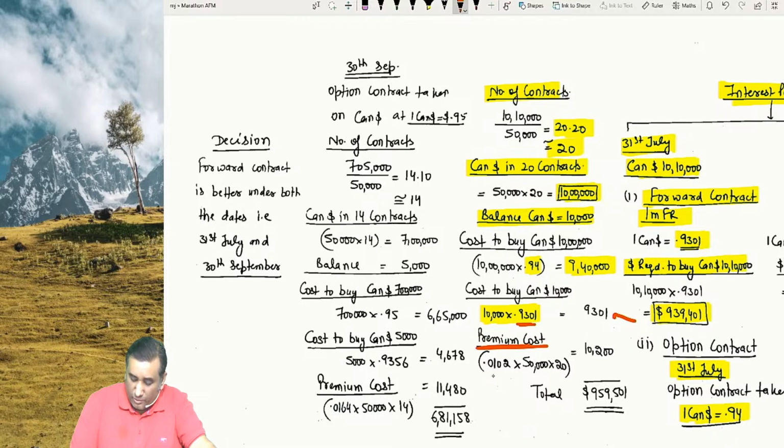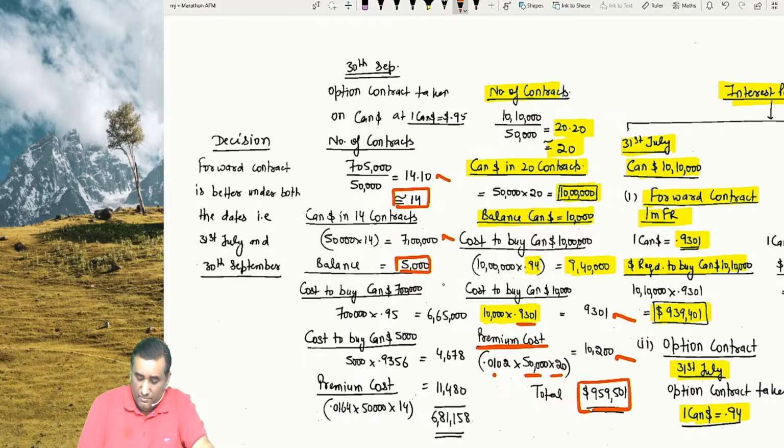Premium cost would be 0.0102 into 50,000 into 20. In the case of the second one, the total is 7 lakh 5,000. 7 lakh 5,000 divided by 50,000 gives 14.1. Round off to 14. 14 into 50,000 is 7 lakh.